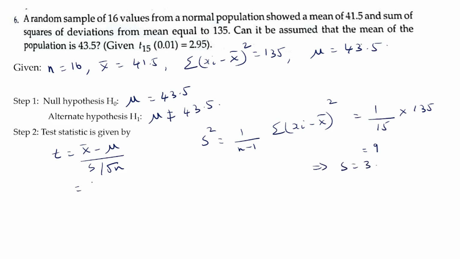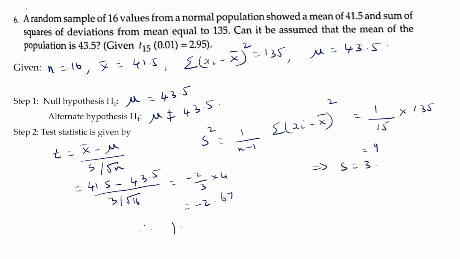So T is equal to x bar is 41.5, mu is 43.5 upon S is 3 upon root n is root 16. So this is equal to minus 2 by 3 into 4. So it is minus 2.67.